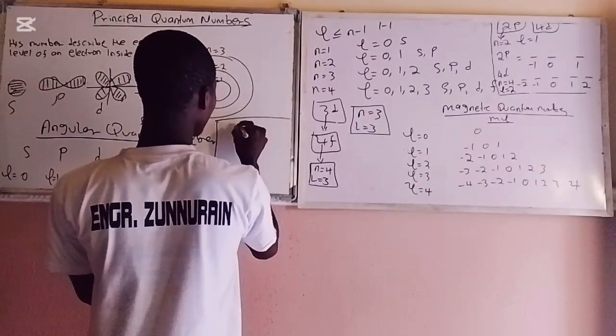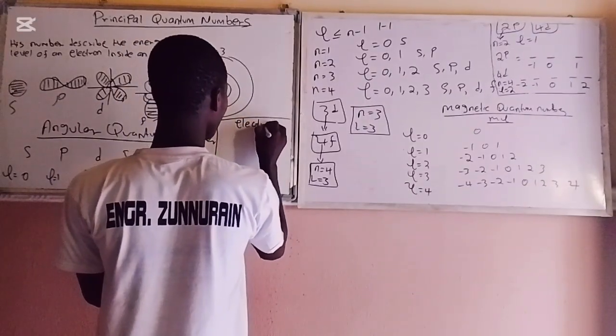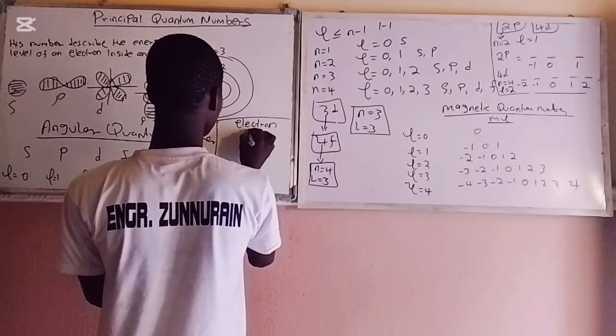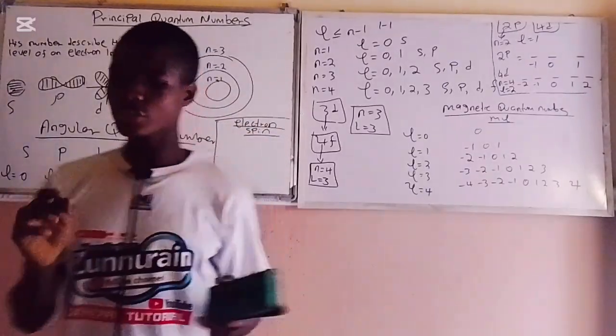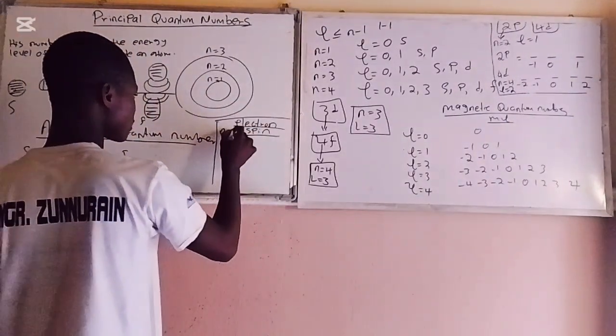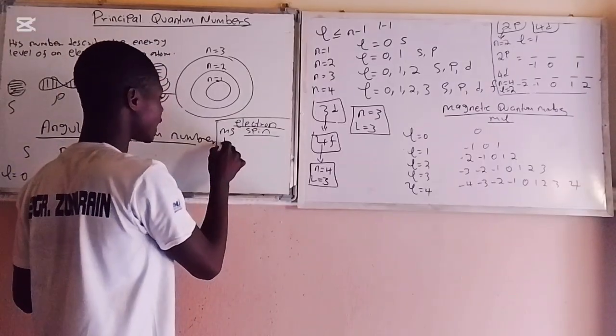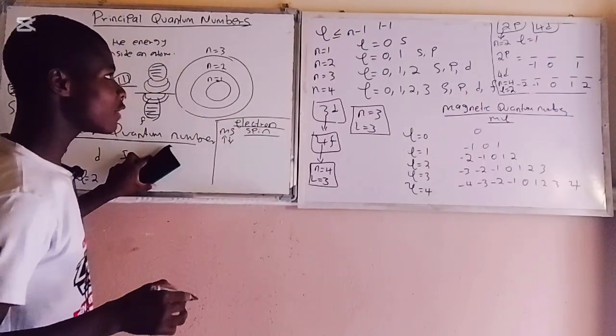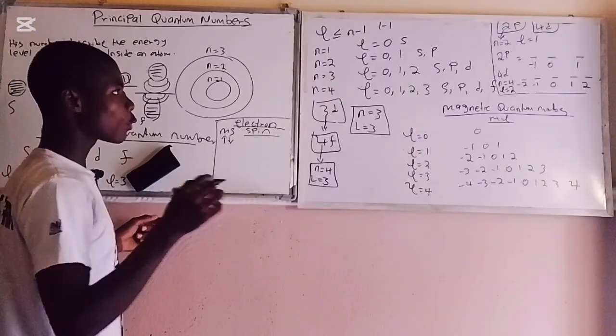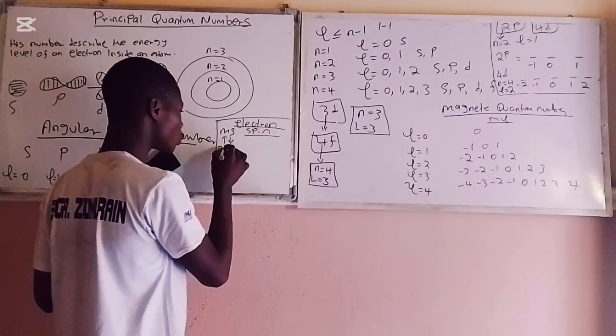The electron spin, which is known as ms, indicates either upward or downward. Suppose I am giving an example, 2p.